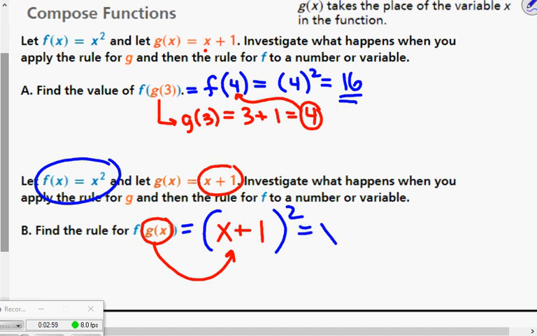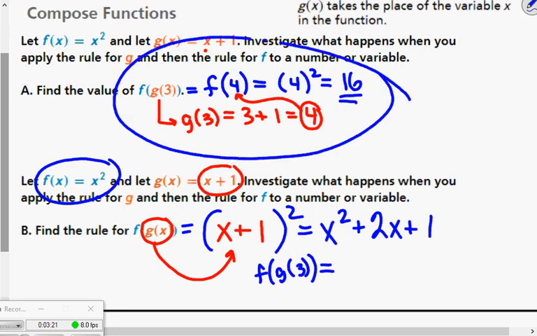Let's expand this by foiling. Don't forget the 2x. X squared plus 2x plus 1. So now, in theory, if I did f of g of 3 again, instead of doing the process we did up here, I think we could just plug it in here and do 3 squared plus 2 times 3 plus 1.